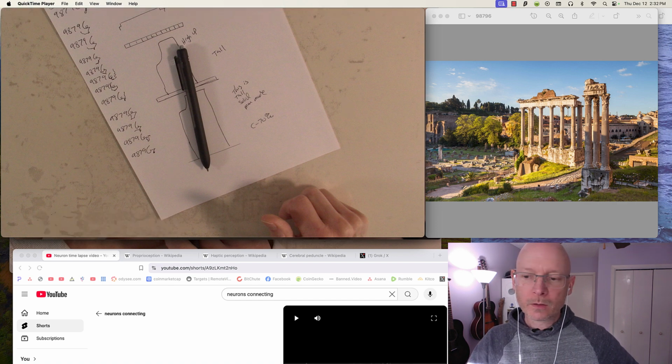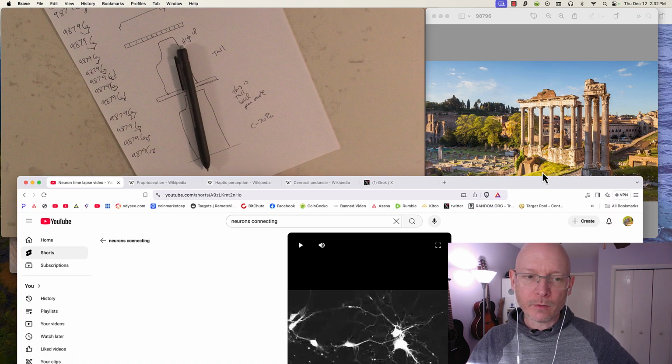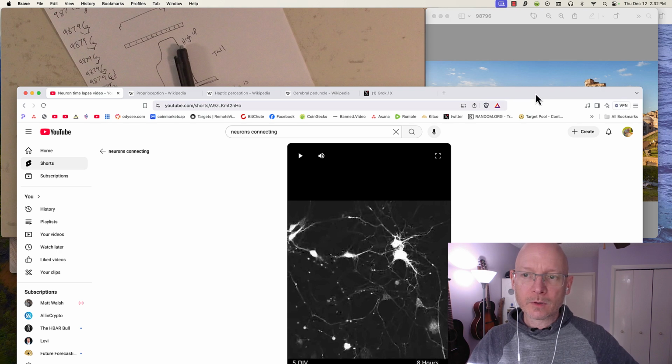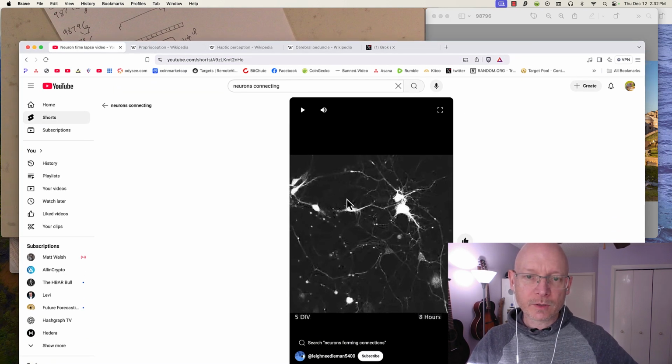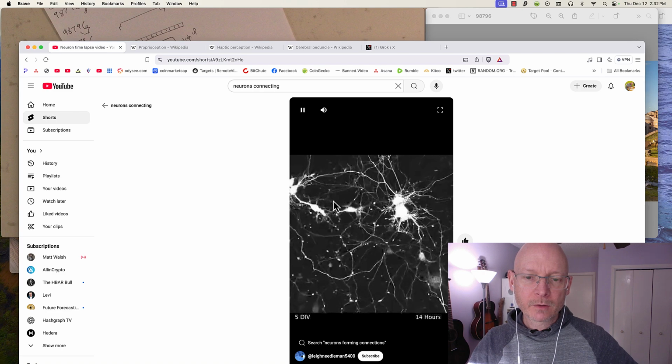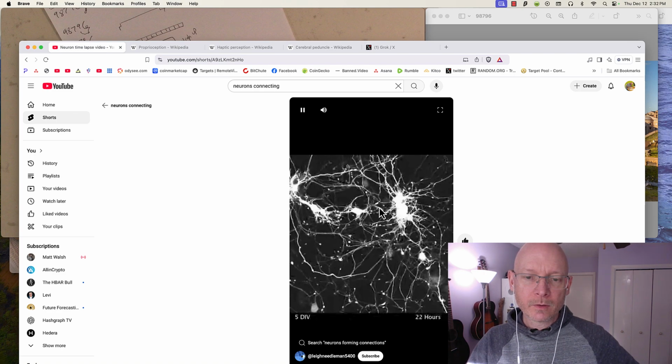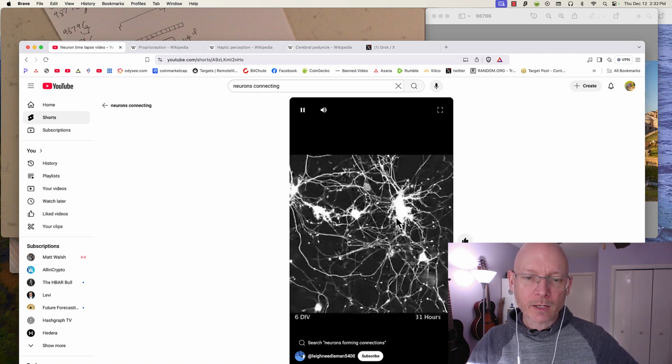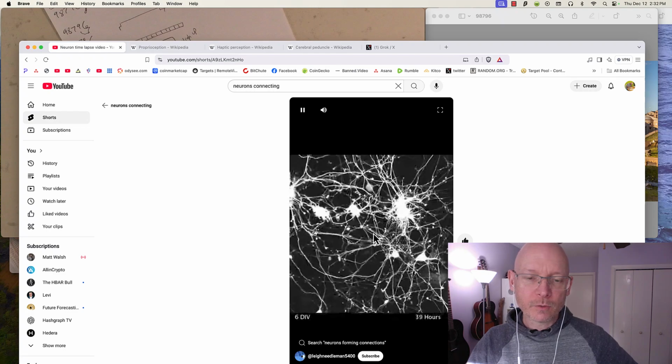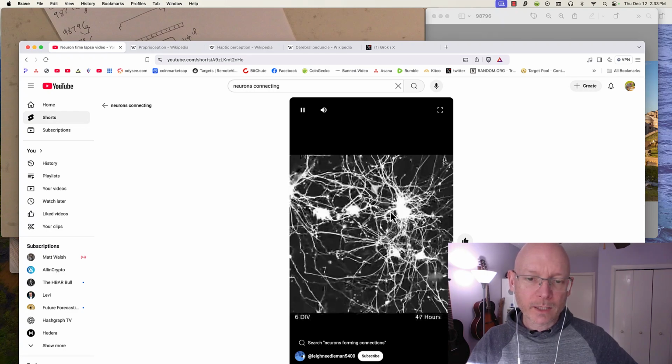All right, what am I looking at there? I'm looking at these neurons, these primarily pyramidal neurons, as the ideograph is utilized to increase the neural activity.